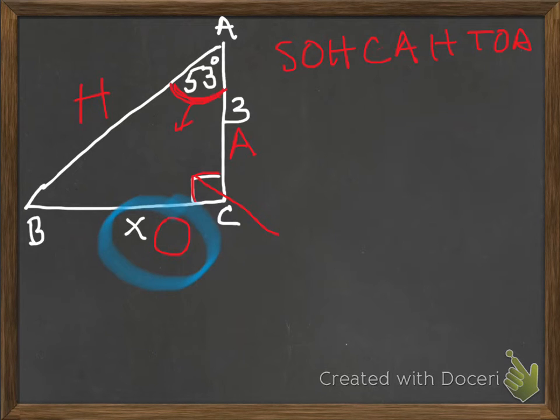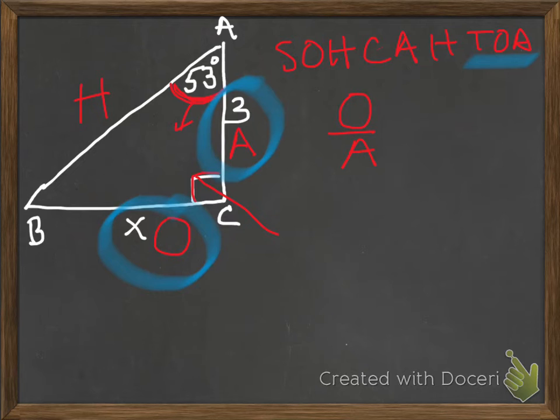The ones we need are x, which is the opposite, and the one I have information on, which is the adjacent. I'm not going to worry about the hypotenuse because I don't need to know it. It's not asking me for that one. So we'll start with the adjacent, and SOHCAHTOA says it's the tangent.